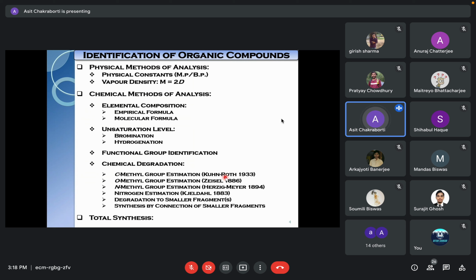But later on, it was found out that there might be some problems. What Kuhn-Roth stated was that any methyl group attached to a carbon, when subjected to harsh oxidation, will generate 1 mole of acetic acid per methyl group. But later it was found that it cannot differentiate whether a methyl group is attached to a tertiary carbon or is a secondary methyl group.